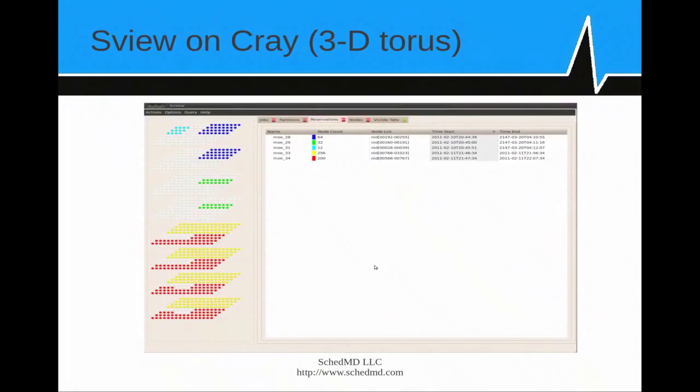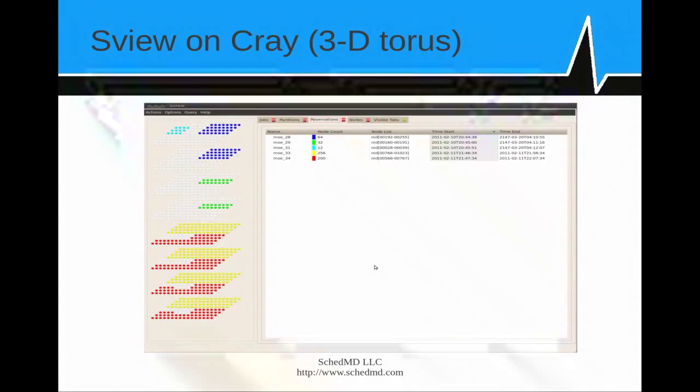This is Sview on Cray, and the Cray has a 3D torus. The nodes here are represented by the circles, and depending on what version of GTK you have and how it's configured, it could be boxes or something else. But the important point here is that this shows you the relative locations of the nodes in 3D space.